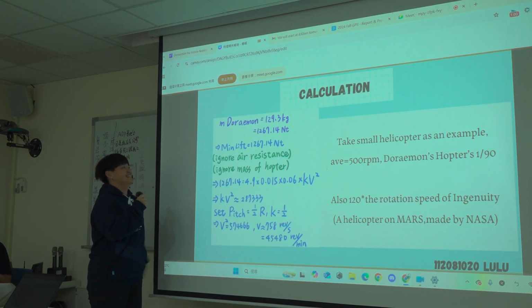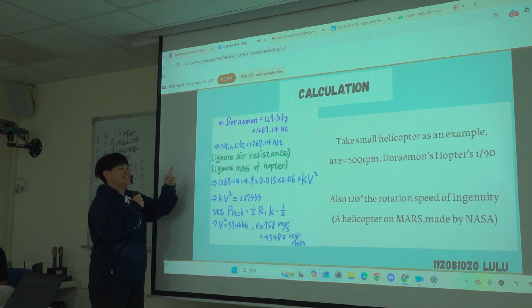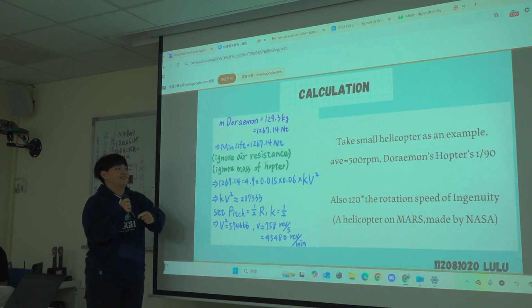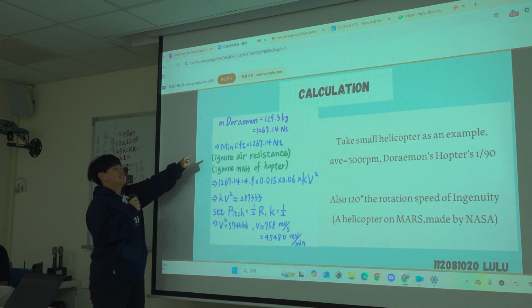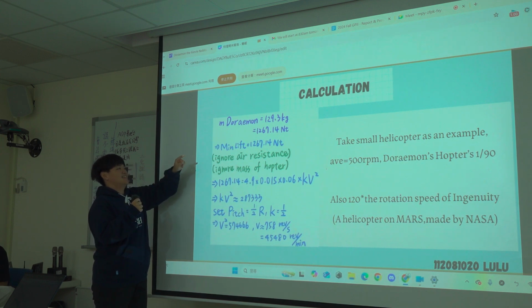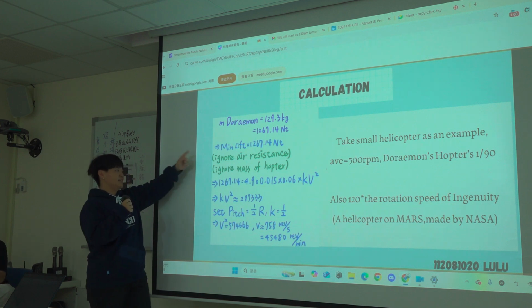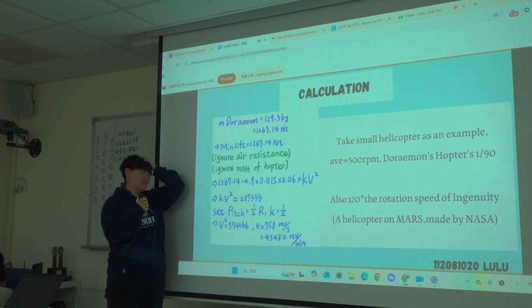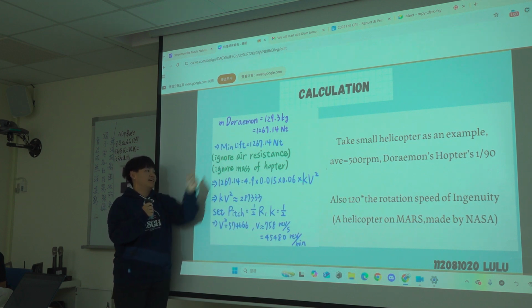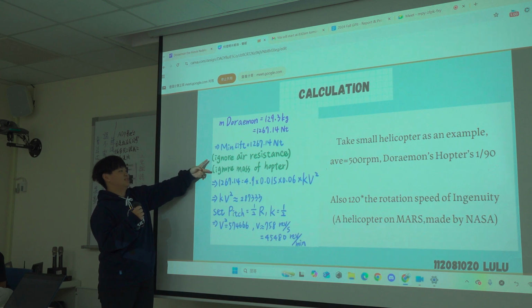We also know that Doraemon is 129.3 kilograms. So it's also 1,267.14 Newtons. So the minimum lift for Doraemon to ascend at a constant speed is also this. And I ignored this too. Wow.